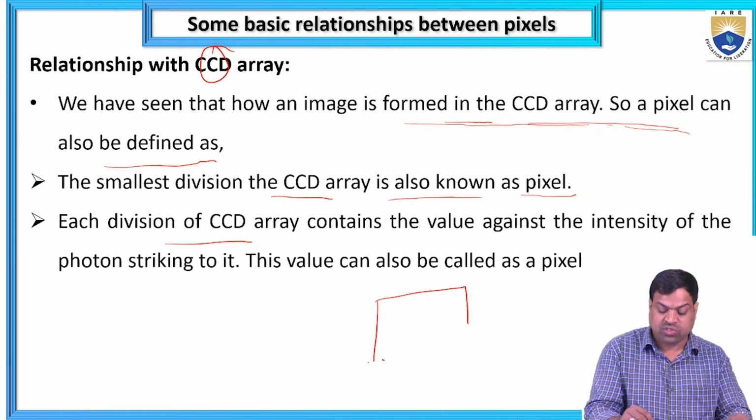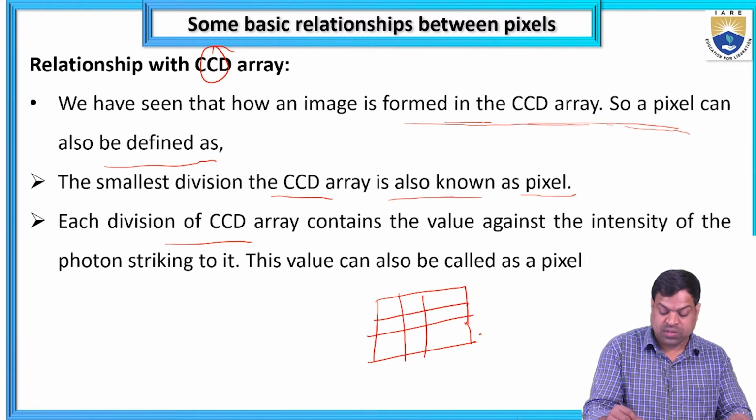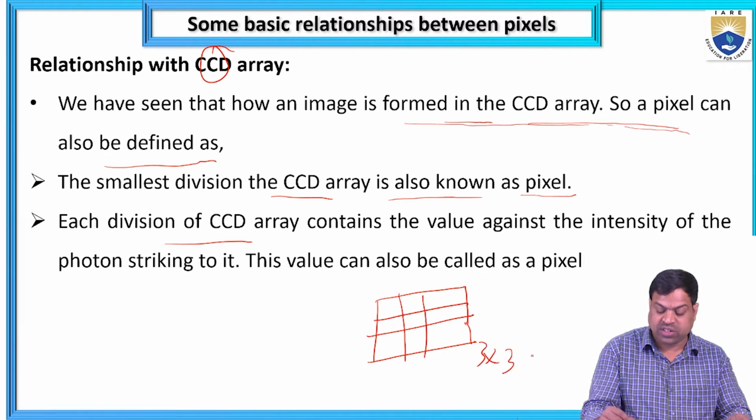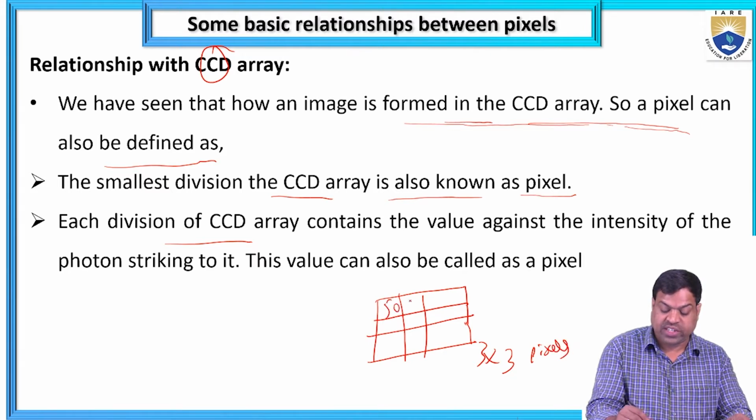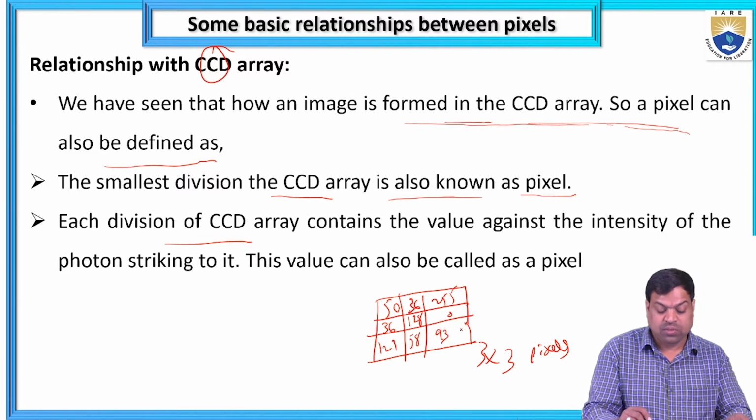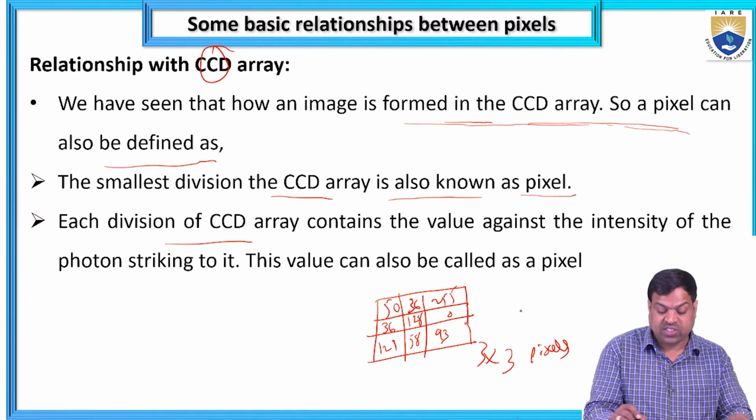Suppose I am taking a 3x3 pixel grid. Each pixel has intensity values.